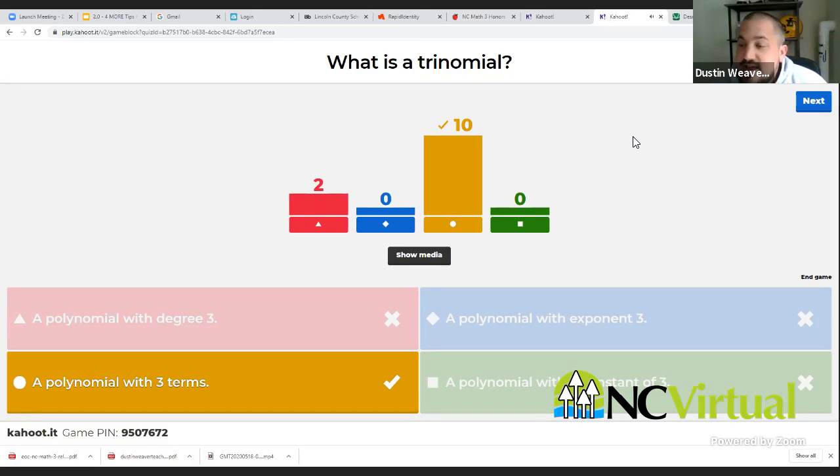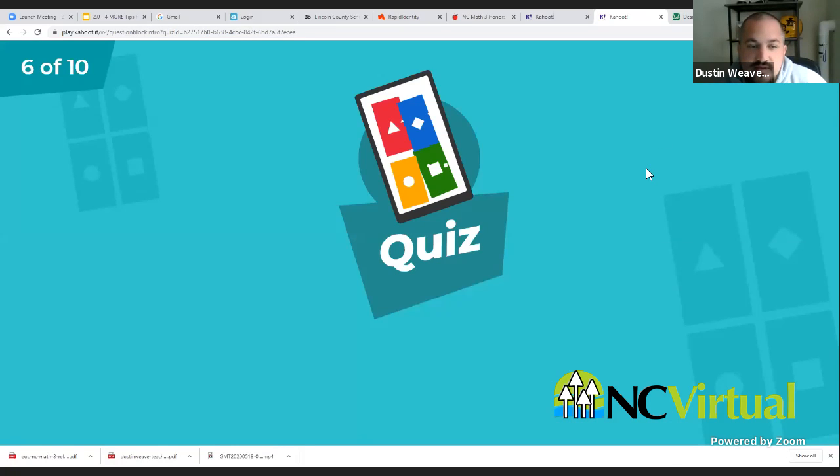For instance, 7x squared plus 5x plus 8. That would be a trinomial. It doesn't have anything to do with the degree. Remember, if something had a degree of 3, we would call it a cubic. A quadratic is something with a degree of 2. Linear is a degree of 1. So it has to do with the number of terms. A trinomial is a polynomial that has 3 terms.